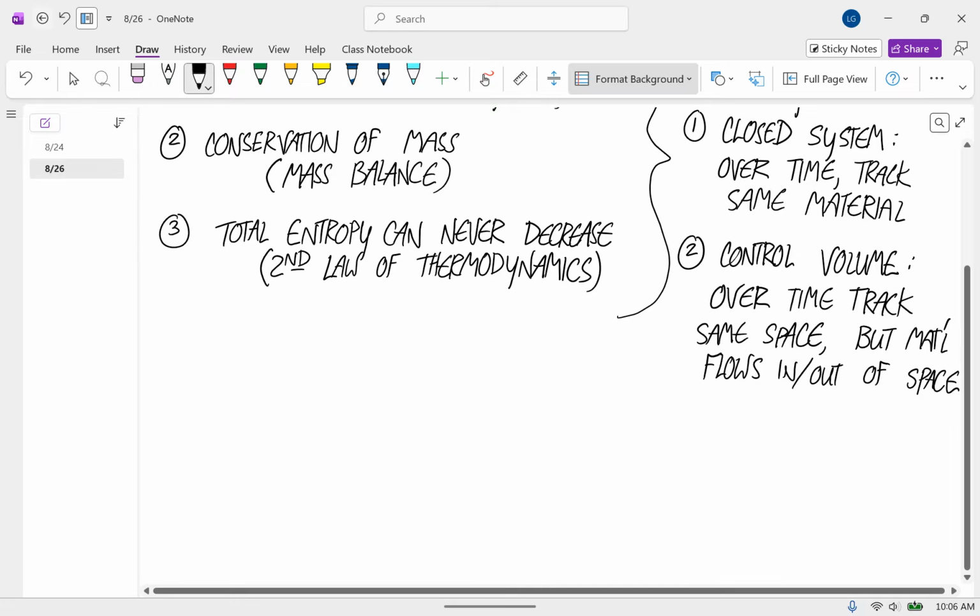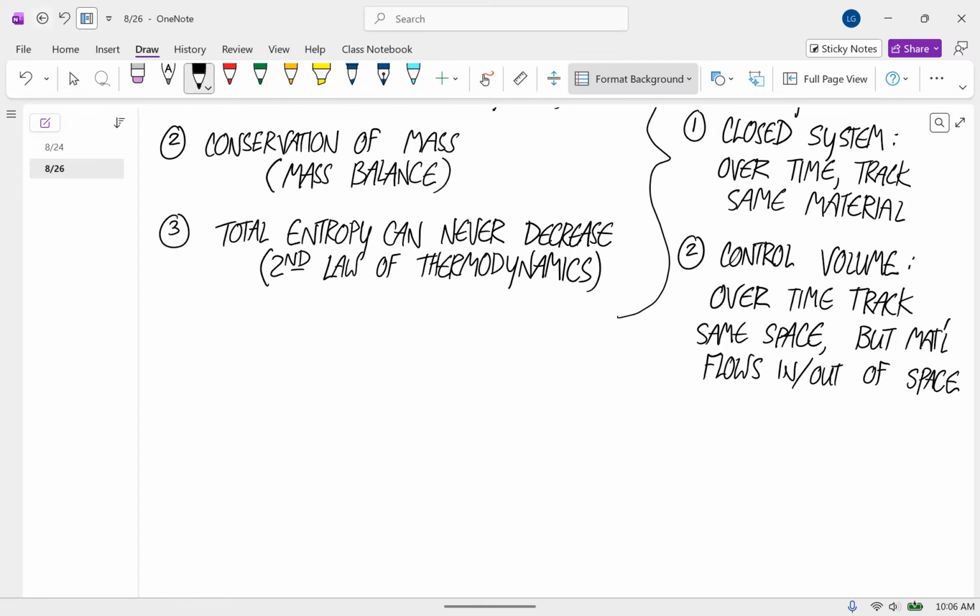You can probably imagine why an analysis like that, if you can figure out how to do it mathematically, would be useful for a liquid or a gas. You don't want to have to try to track every single molecule that you had contained here. 10 seconds from now, some are going to be way over there, some way over there. It'd be a lot nicer if you could just track a space and take into account that some of the material is leaving and some is coming in.